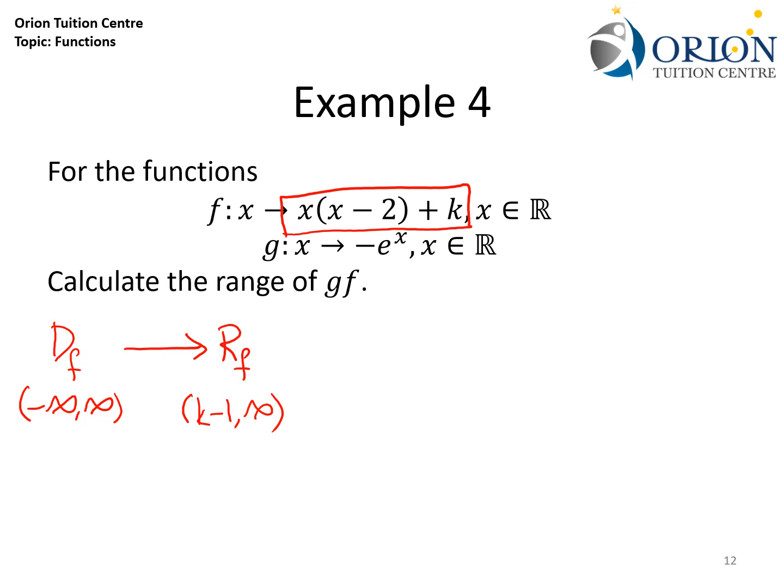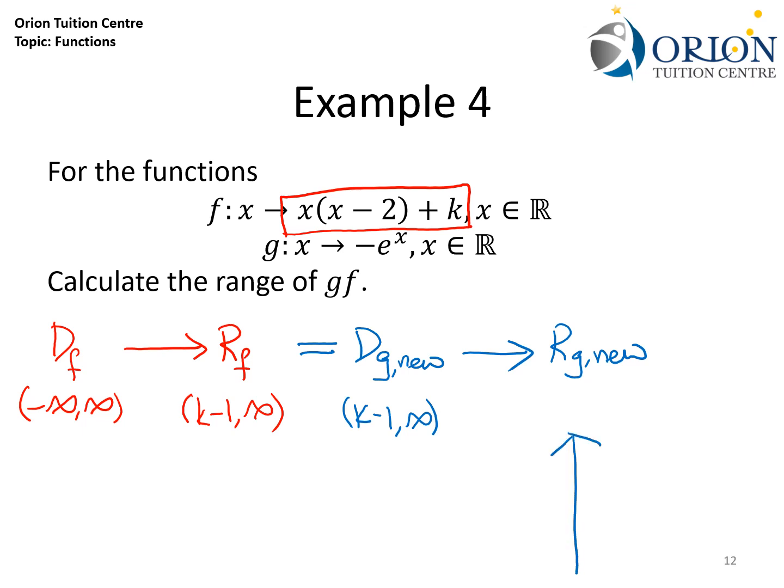Now I'm going to force the domain of g to be equal to this range of f, and I'm going to call this new domain of g, g new, and therefore it becomes k minus 1 to infinity. Now based on this new domain of g, I can find out the corresponding new range of g. So the range of g new, it will be how much?